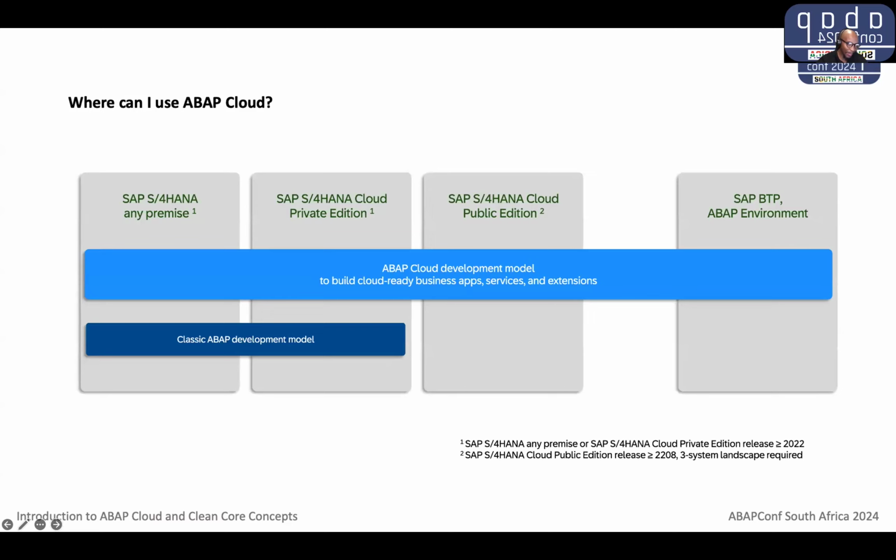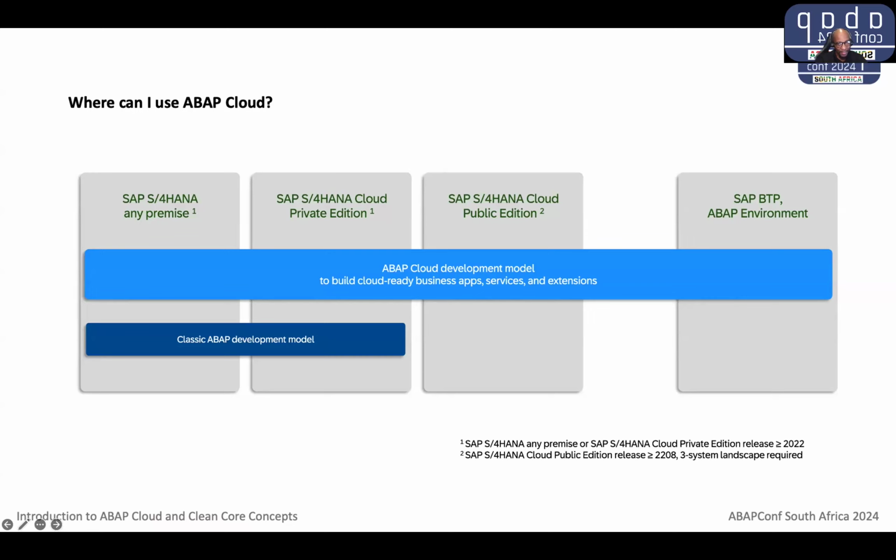Currently ABAP Cloud is available in S/4HANA, in specific versions, so your release needs to support it. It's available on your on-prem system, and it's also available on private cloud. And then it's also available on public cloud. In fact, on public cloud, that's all that is available to you.